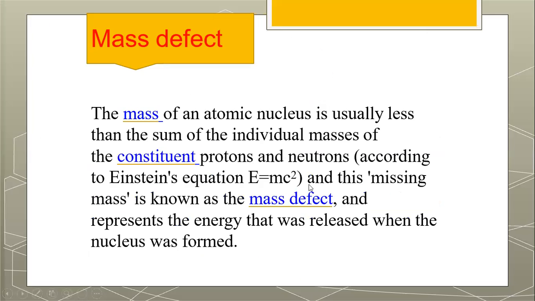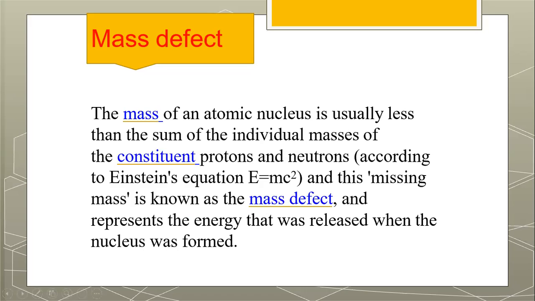So there is a phenomenon of mass defect which occurs when the nucleons are combined inside the nucleus, and the energy released by the loss of mass is known as the binding energy.